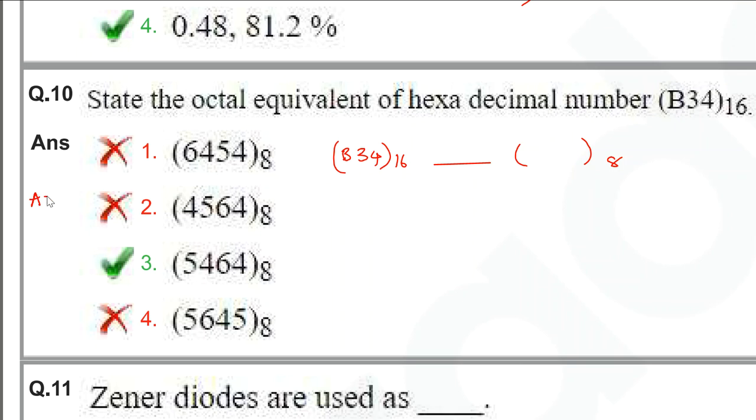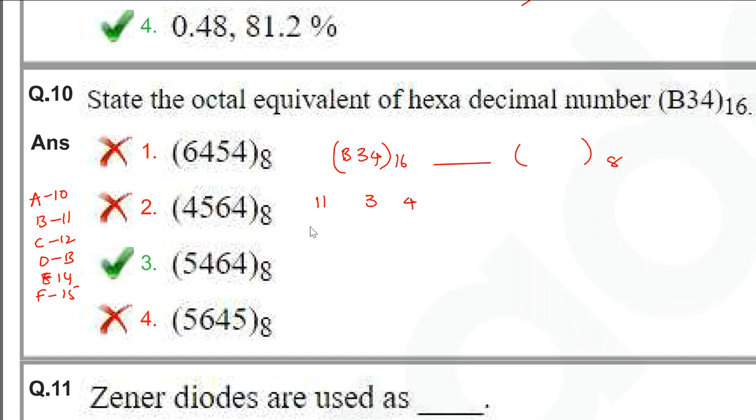A stands for 10, B for 11, C for 12, D for 13, E for 14, F for 15. These are the range. Now first I take B, whose equivalent value is 11, and 3 as it is, and 4 as it is.